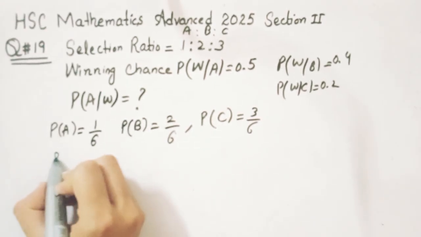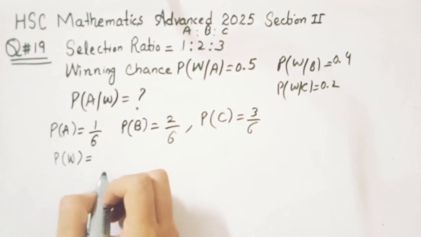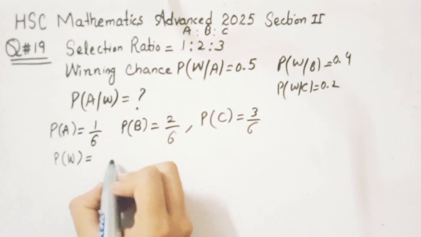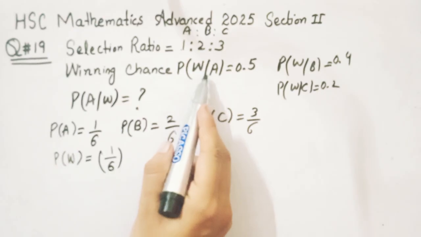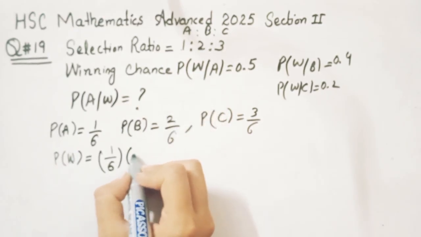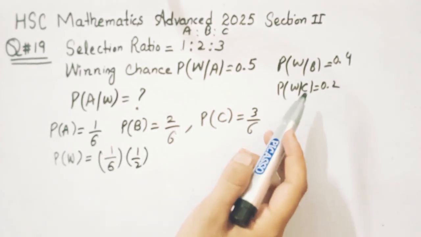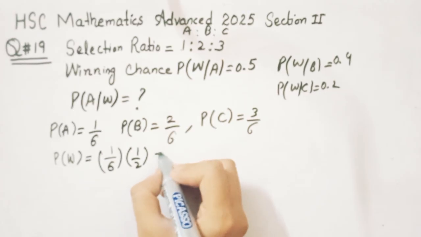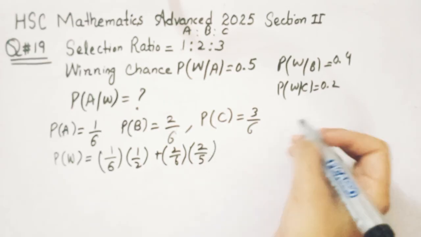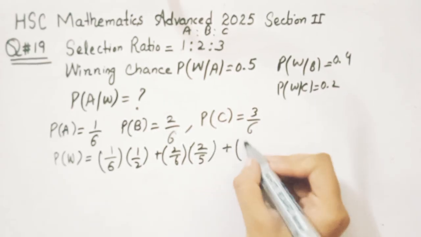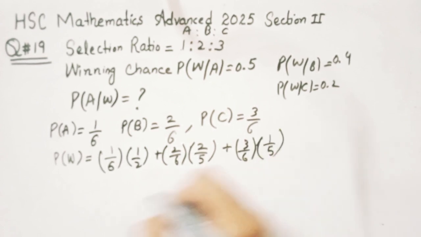Now first you have to find P of W, which equals 1/6 times 0.5, which can be written as 1/2, then 2/5 for 0.4, plus 3/6 times 0.2, which can be written as 1/5.